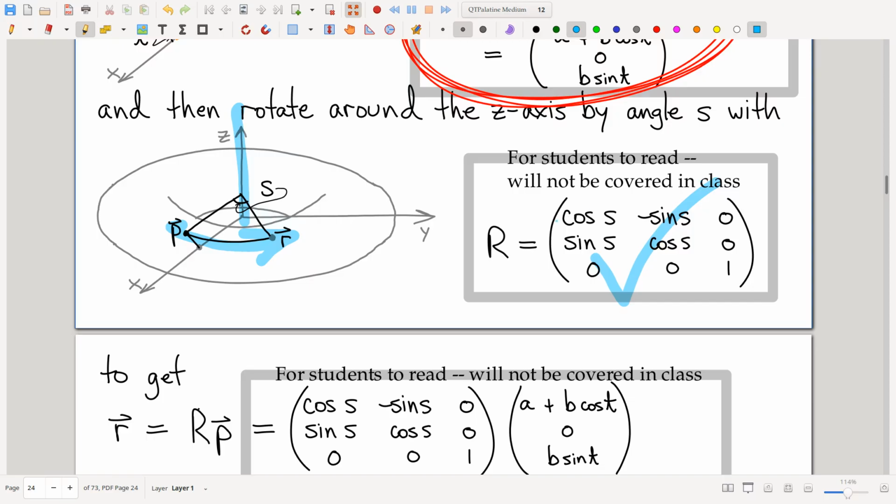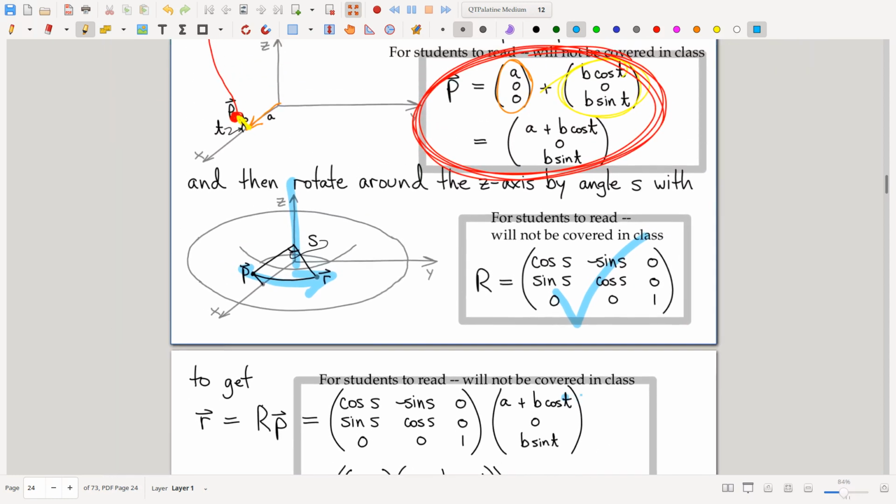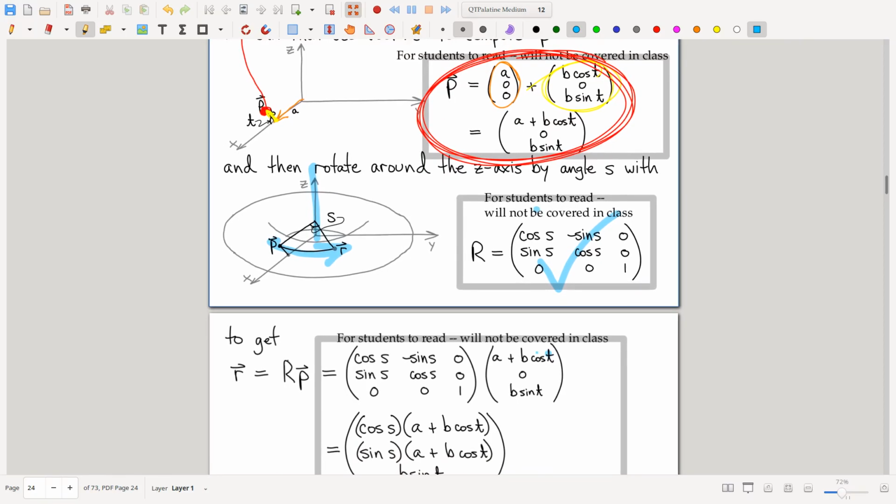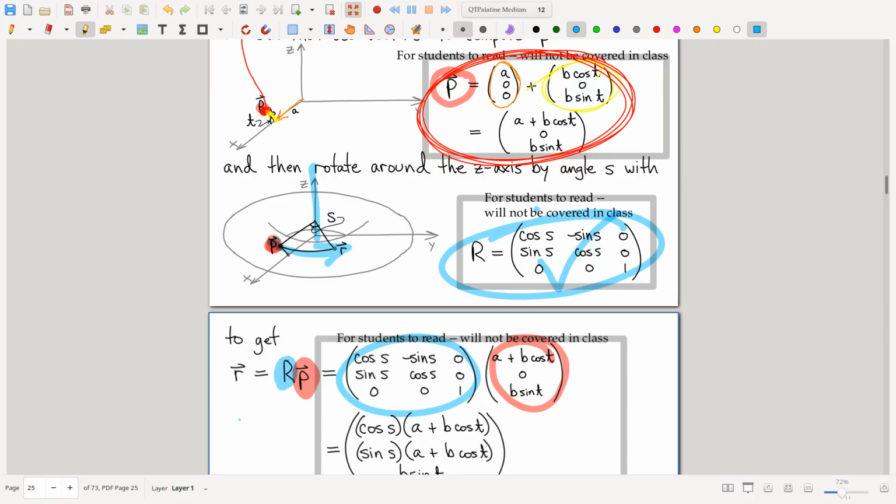And we're done. Basically, a little bit of algebra remains. Here we go. We found this red point, P. We have this rotation R, like that.